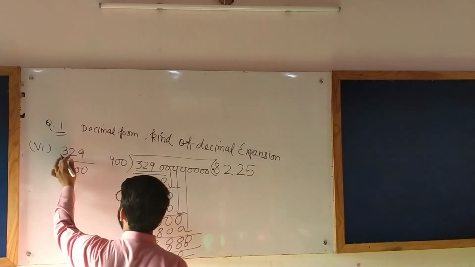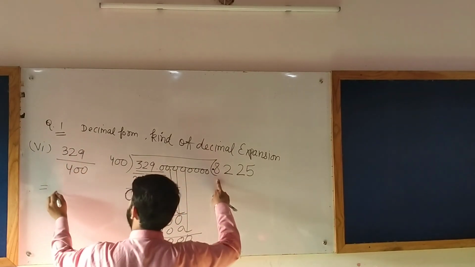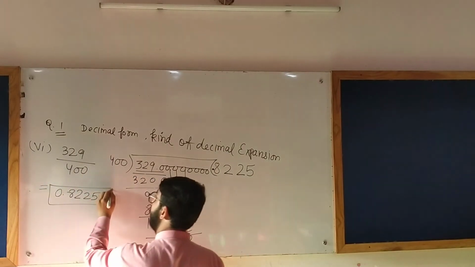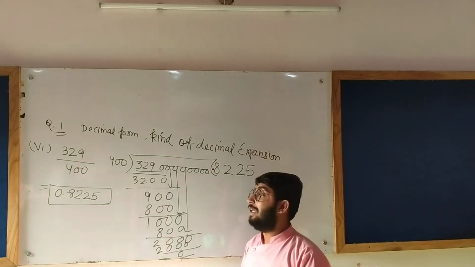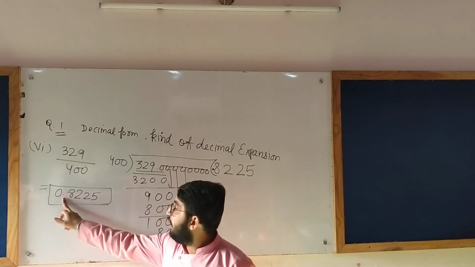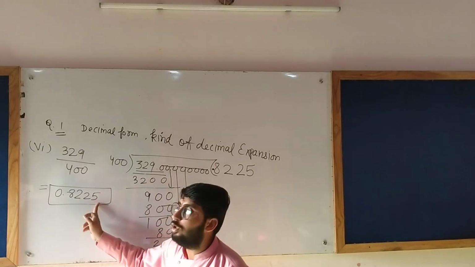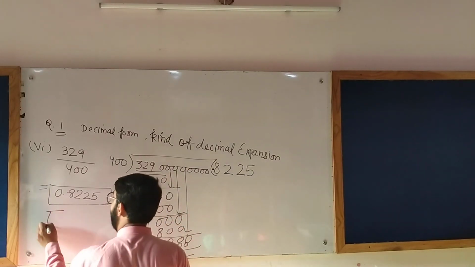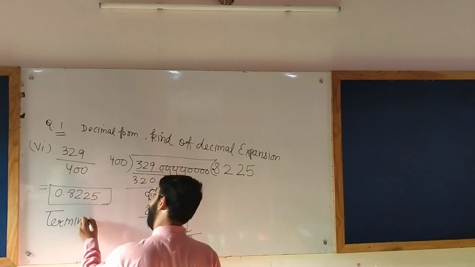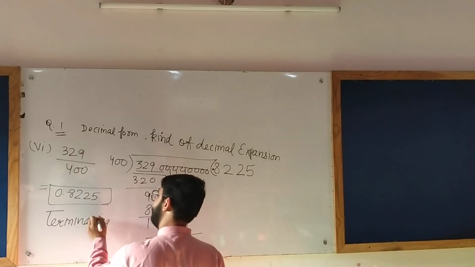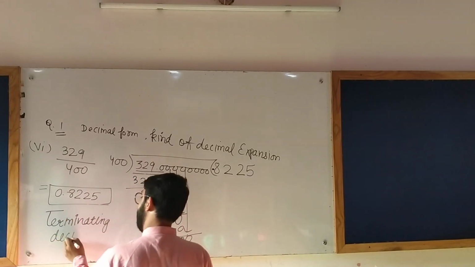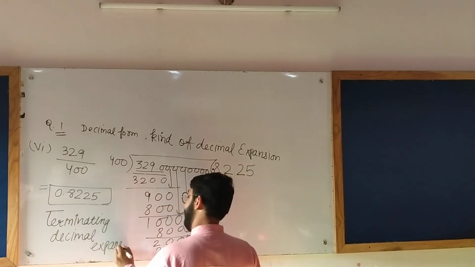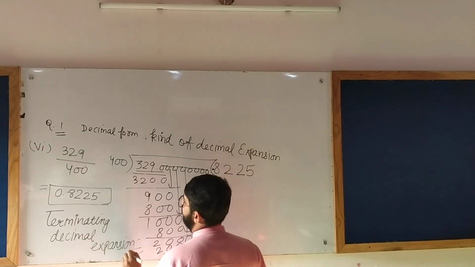So 329 over 400 equals what? 0.8225. Here we can count how many digits are there after the decimal: 1, 2, 3, 4. Because the remainder is 0, we can say that it has a terminating decimal expansion.